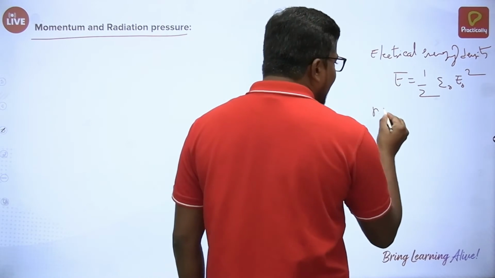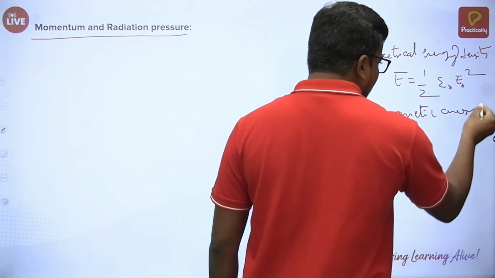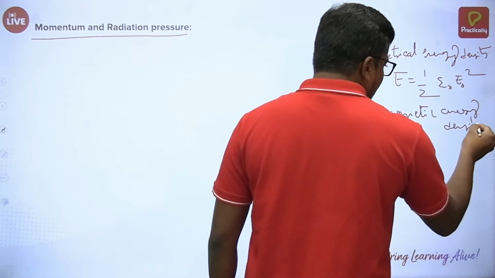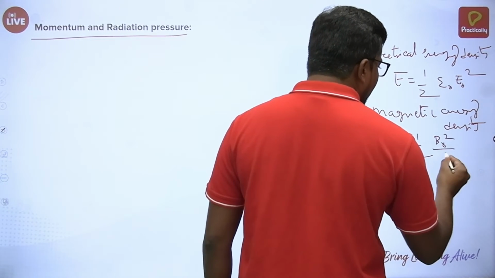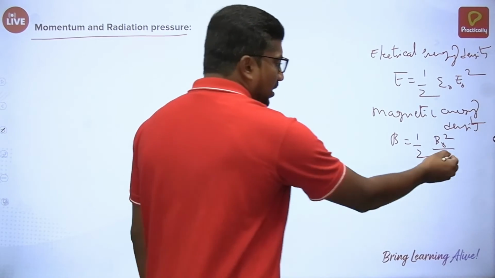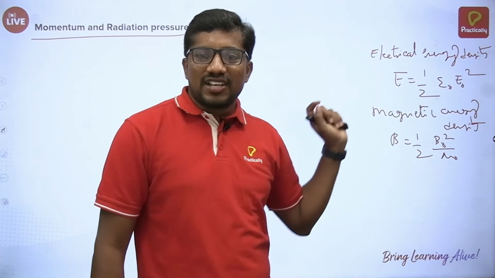And magnetic energy density, how can we write? u_B is equal to half B naught square by mu, let it be mu naught, in terms of the free space values I have taken.